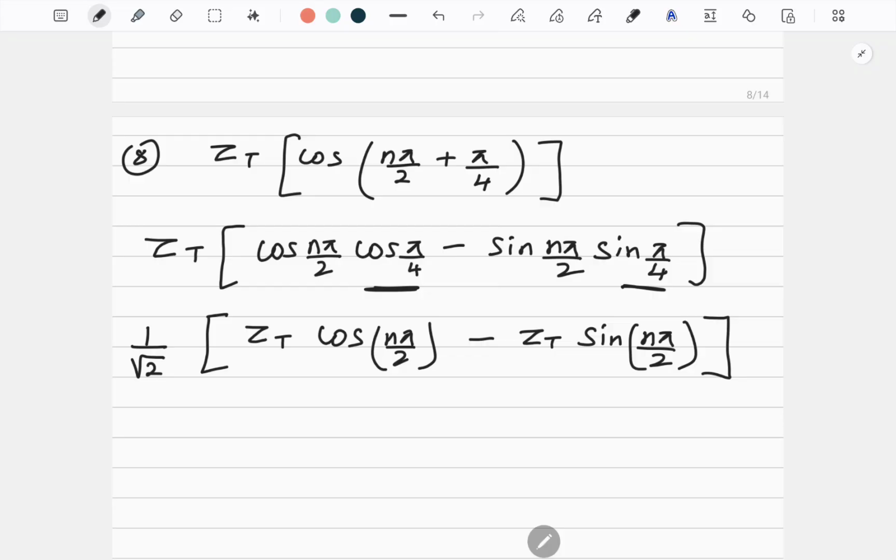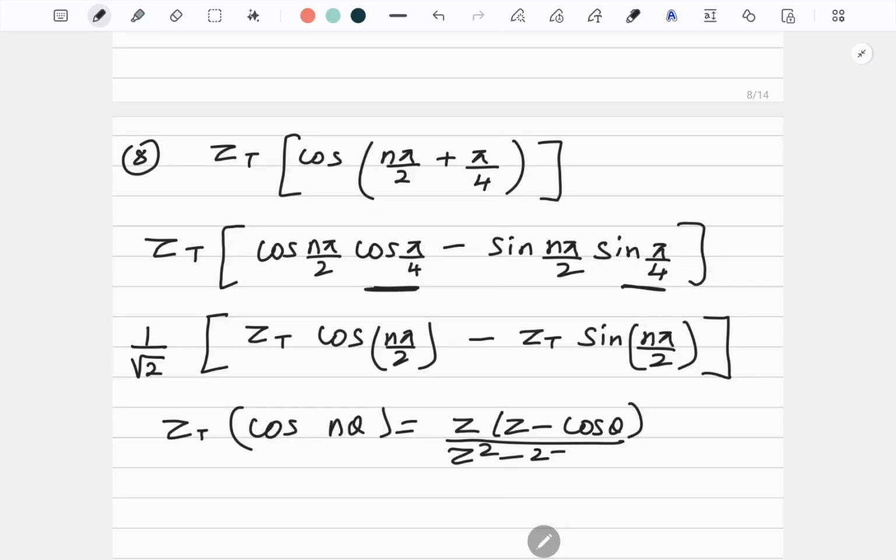So I know that z transform of cos n theta is equal to z minus cos theta upon z square minus 2z cos theta plus 1.